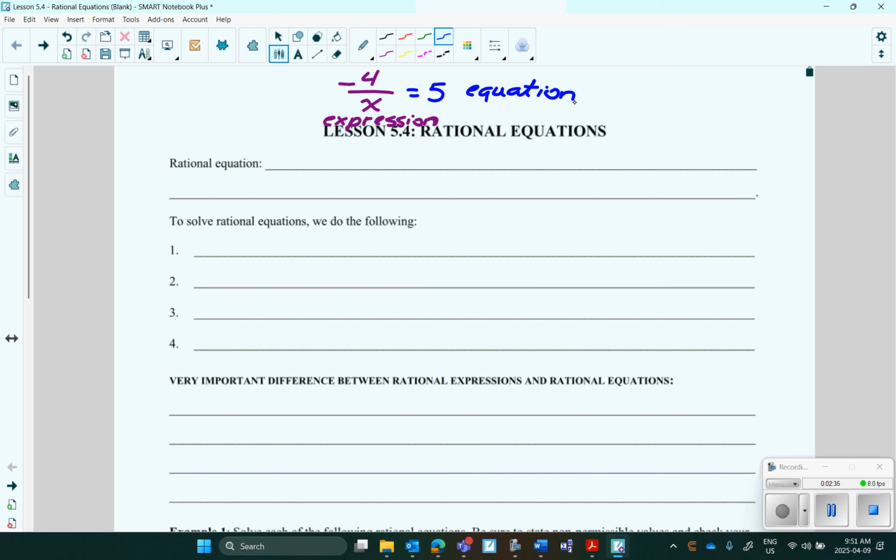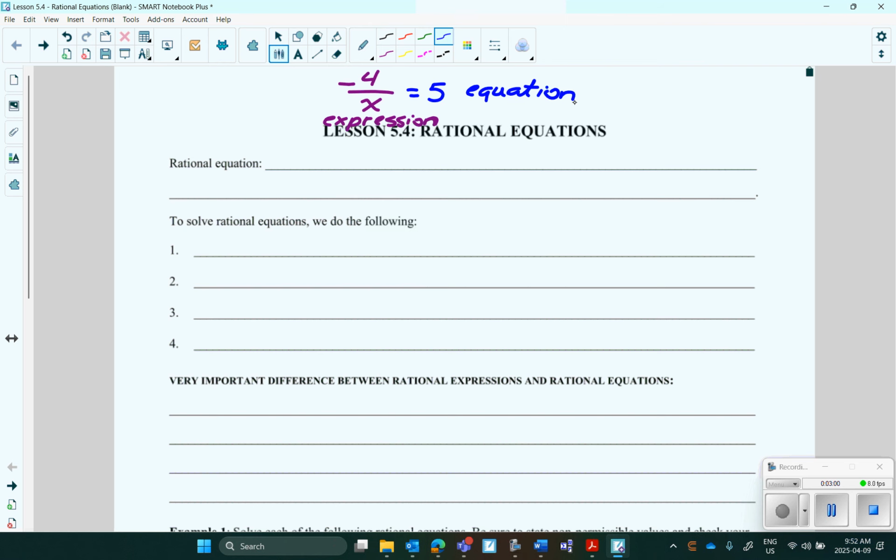Evaluate this expression if x is 2. -2, because -4 divided by 2 is -2. Okay? We solve equations. When we talk about solving things in math, we're talking about solving equations.